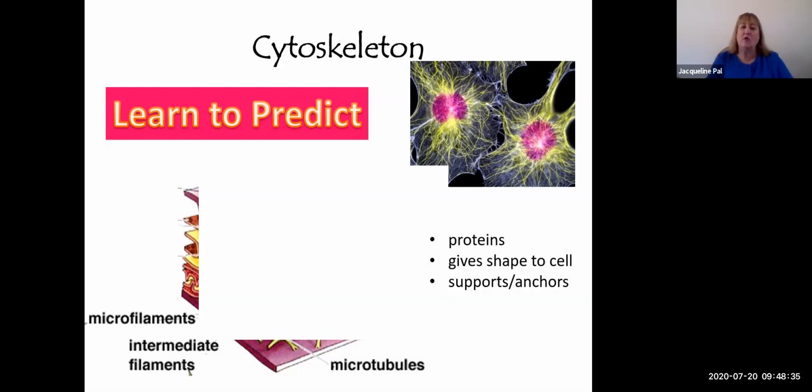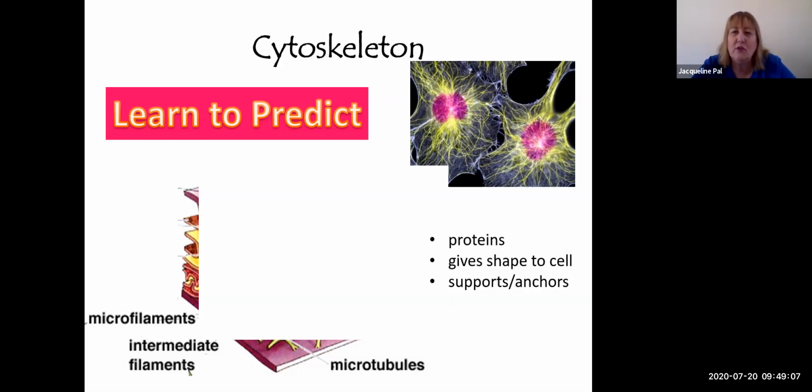Okay, so most of you at this point figured out that micro is going to be smaller than intermediate. So you thought the two micro words would be the smallest and the intermediate would be the biggest. Okay, well, I'll give you that a microfilament is going to be smaller than an intermediate filament. They make sense. They both have the word filament, and the only difference is between micro and intermediate. So then you have to look at the word tubule.